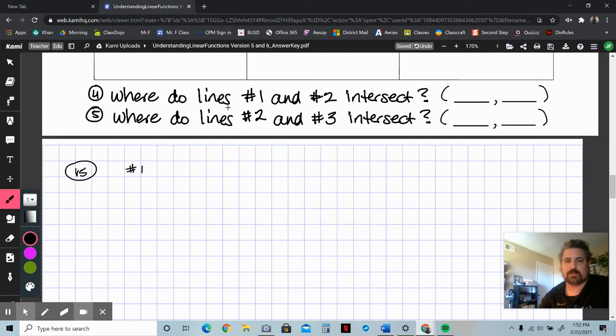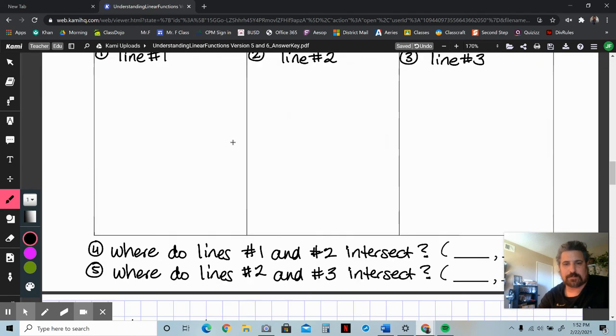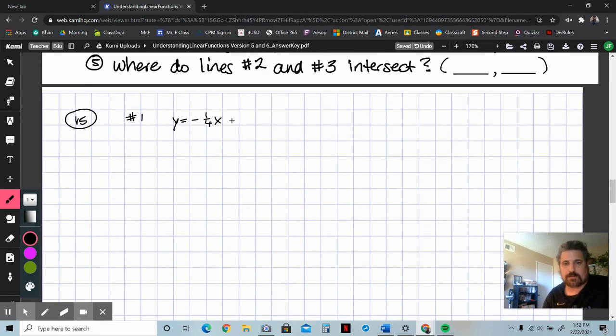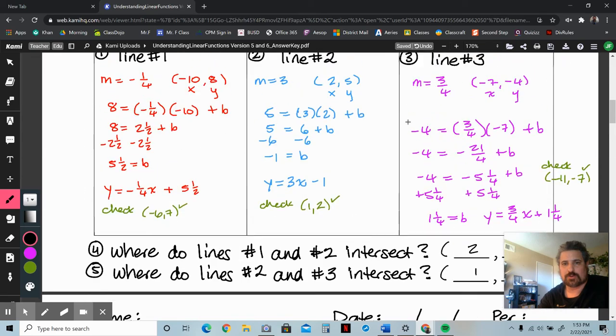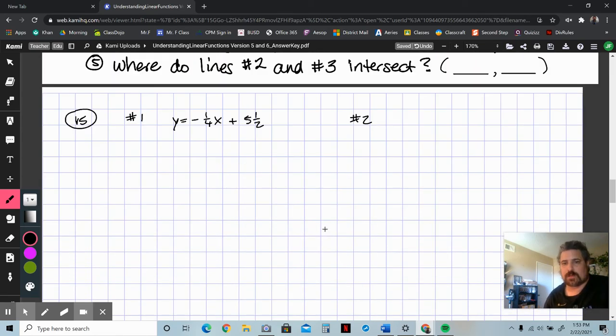It's a little memory game. And line number 2 was y equals 3x minus 1.